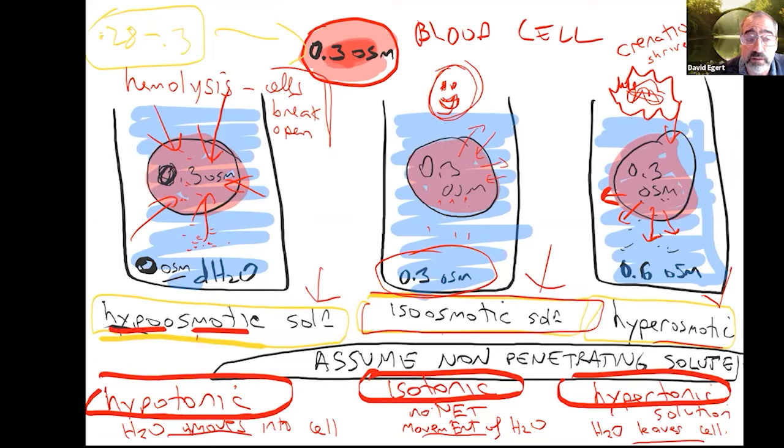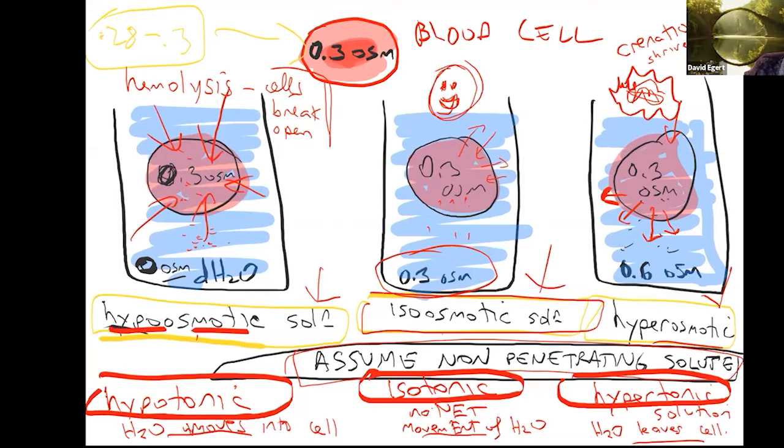If it's a non-penetrating solute, then the relationship is super easy. Hypoosmotic is hypotonic, isoosmotic is isotonic, hyperosmotic is hypertonic, assuming that the solute does not have the ability to cross the membrane.